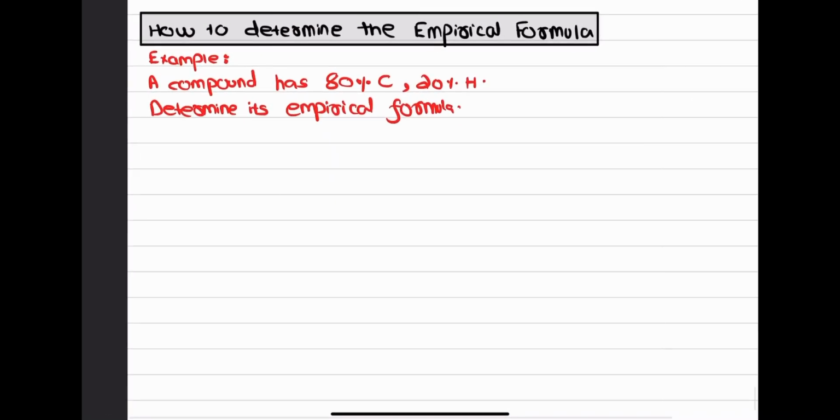First, you will have to, number one, divide percentage by atomic mass. Here I write carbon, here I write hydrogen.